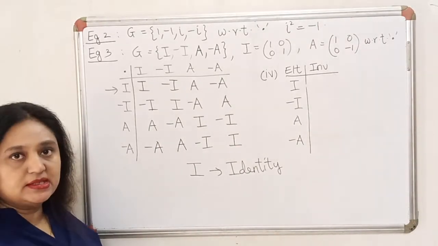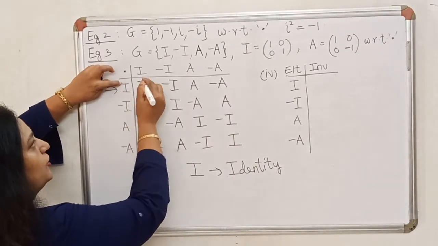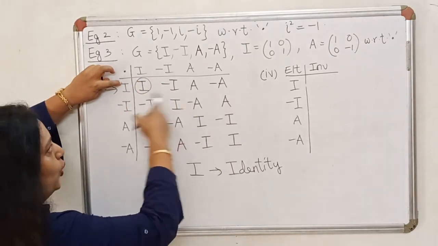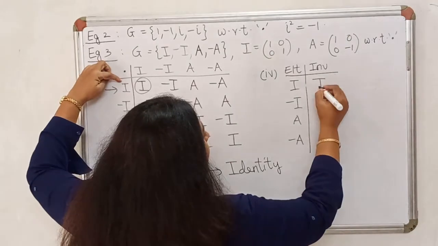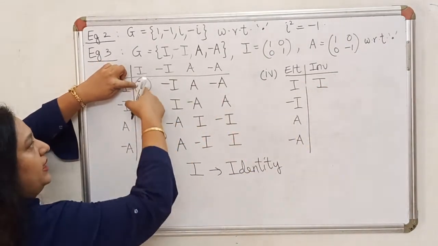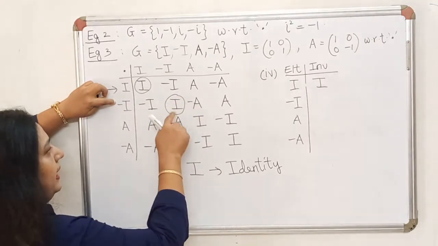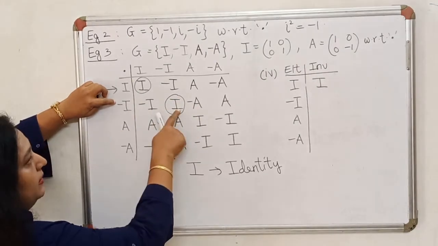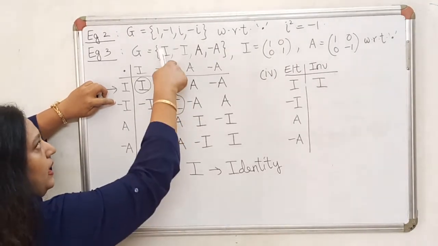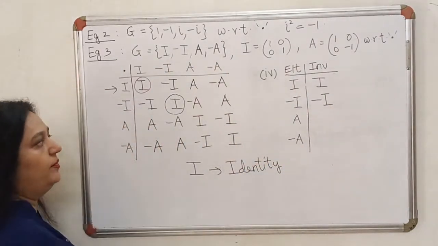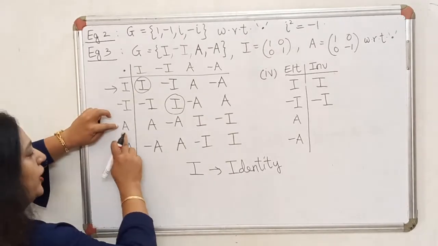Remember, identity is I. So if I want inverse of I, I must find out where exactly I is in this row, and element directly above that in the heading row will become the inverse. Now for minus I, I get the identity here, and element directly above that in the heading row is minus I. So inverse of minus I is minus I.